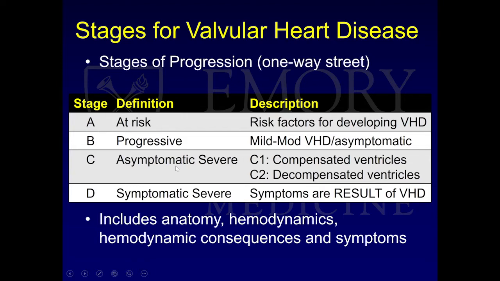I also want to highlight that if you read it in the guidelines, it does a nice job: when you think about valve disease, you want to think of it comprehensively, as far as its anatomy, its hemodynamics, the consequences of the valve disease, and the symptoms. All those factors go together to put somebody into a stage of valve disease.